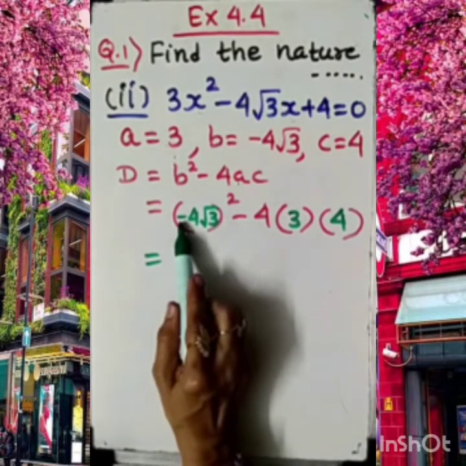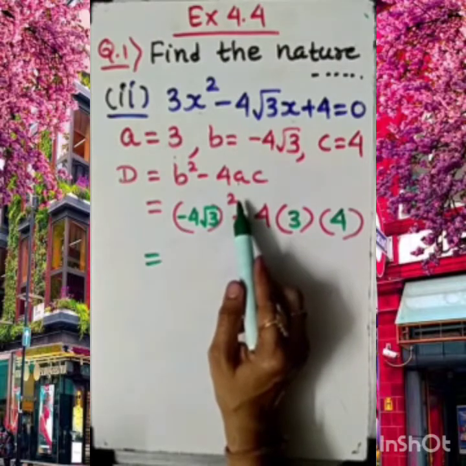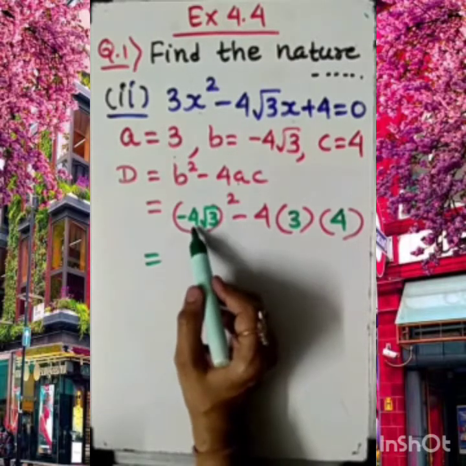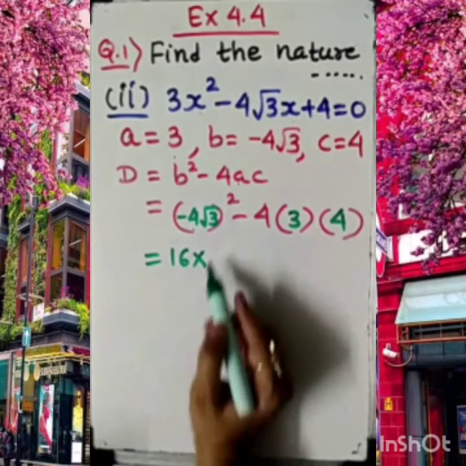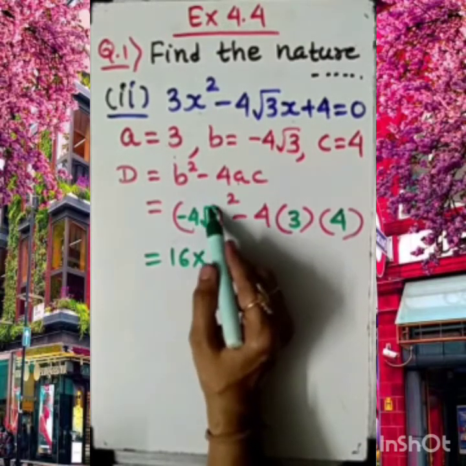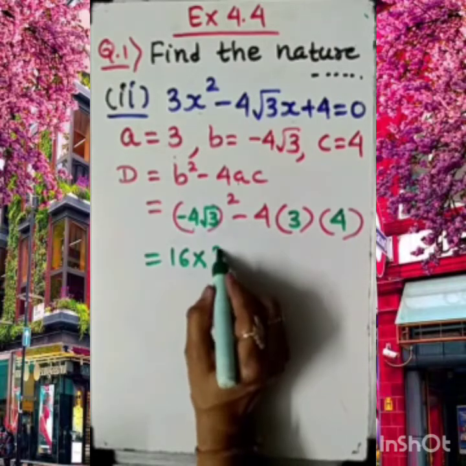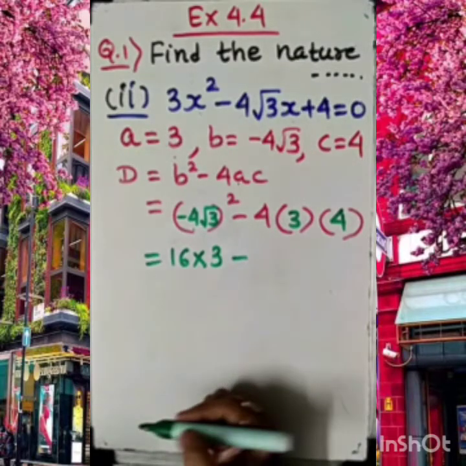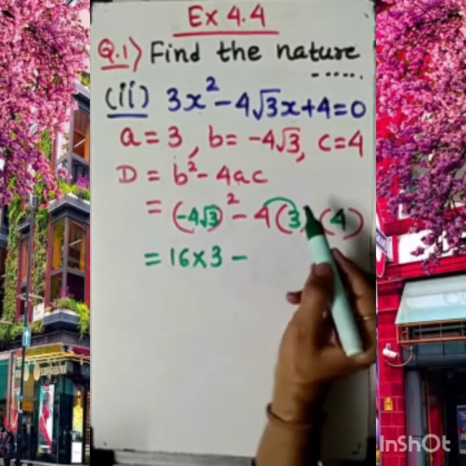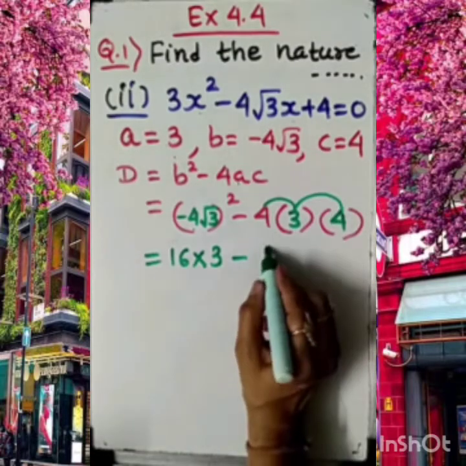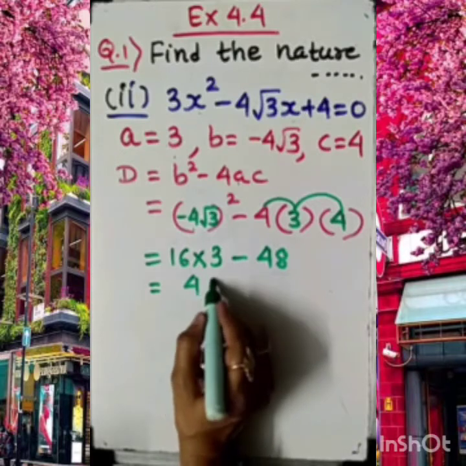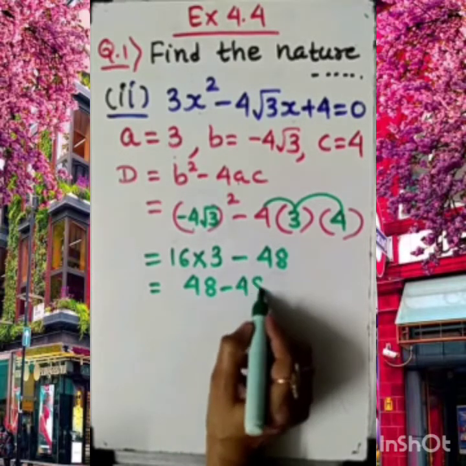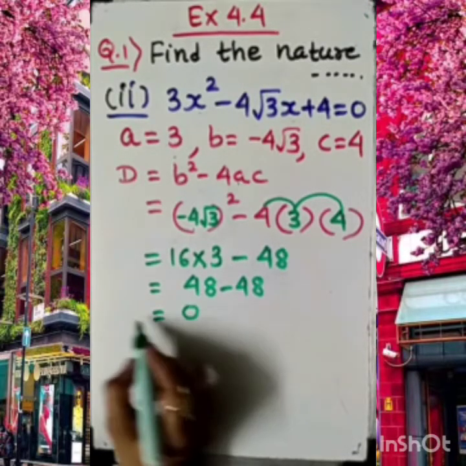You know very well, dear student, the square of any negative number is always positive. So 4² is 16, and √3 squared, the square root and square cancel, so it will remain 3. What about this side? 4 times 3 is 12, 12 times 4 is 48. So here 16 times 3 is also 48. 48 − 48 is equal to 0.